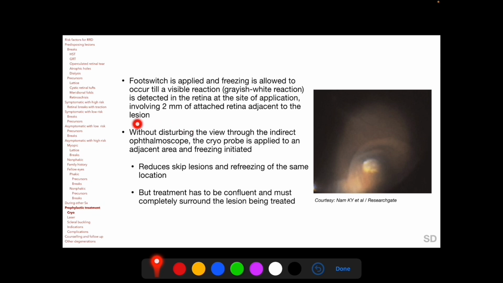Then, without disturbing the view through the indirect ophthalmoscope, the cryoprobe is applied to an adjacent area and freezing re-initiated, and this ensures that treatment is confluent and completely surrounds the lesion being treated, and also reduces skip lesions and refreezing of the same location.